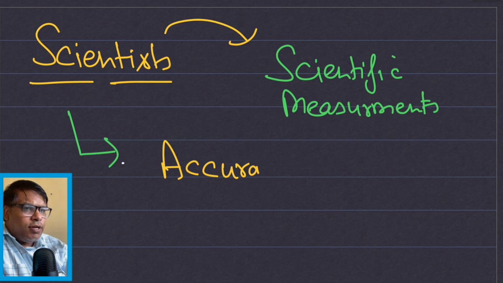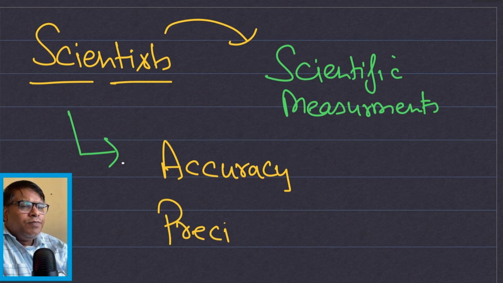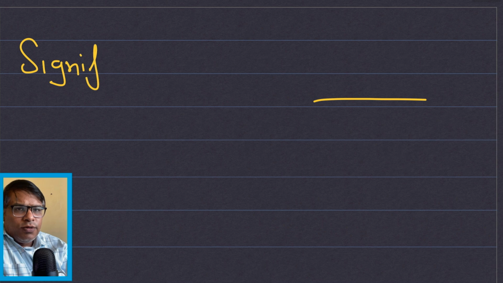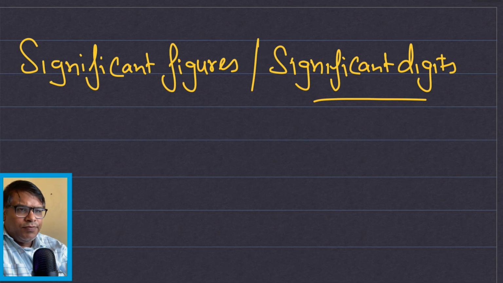Any scientist doing scientific measurements is going to conclude based on those measurements, and there they need accuracy and precision. We will discuss what is precision and what is accuracy. Here, I just want to tell you about significant figures, significant digits.